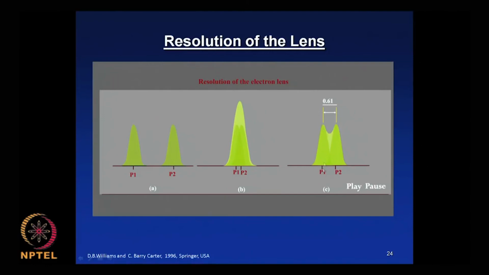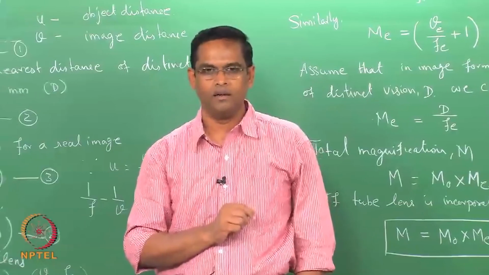The maxima of the primary source is matching with, or overlapping with, the minima of the next source, and this distance is 0.61 times lambda by beta, and this particular dip in the intensity occurs at approximately about 80% of the maximum intensity. So, this is the physical interpretation of the Rayleigh criterion.